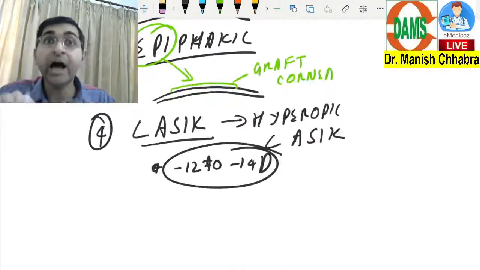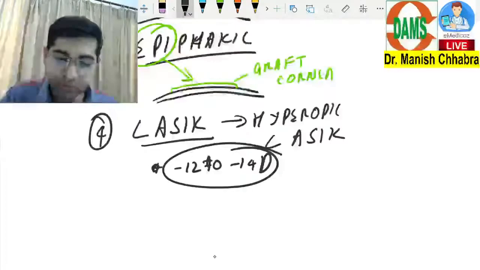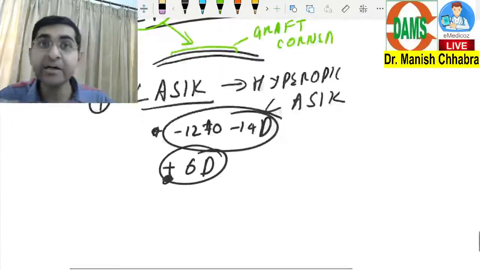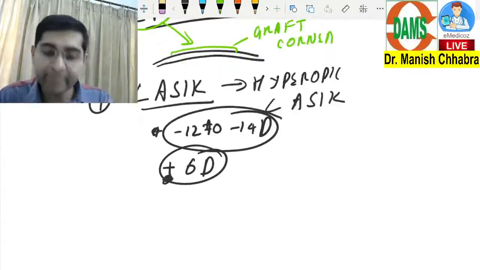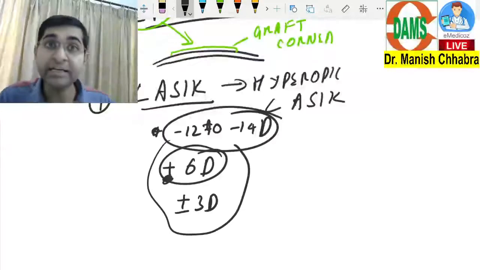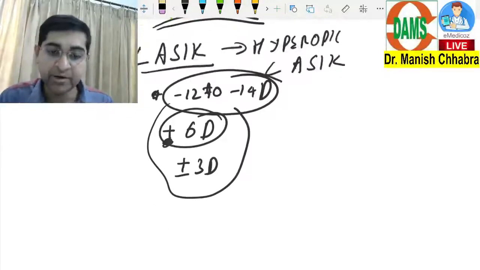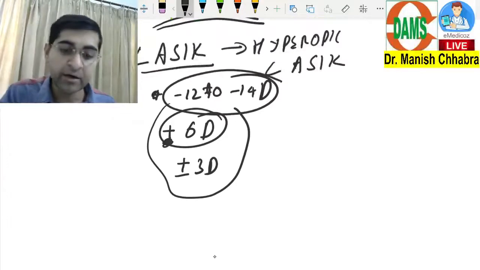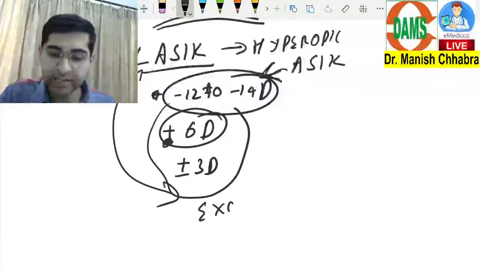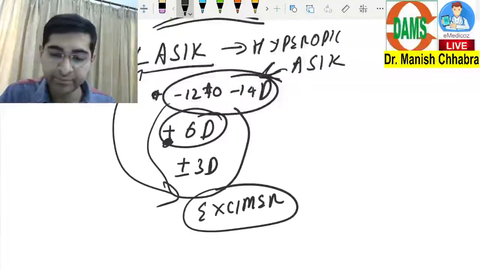We correct hypermetropia up to +6 diopter, and we can correct astigmatism up to ±3 diopter by Lasik, right? So this is an excimer laser.